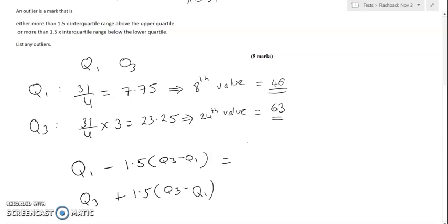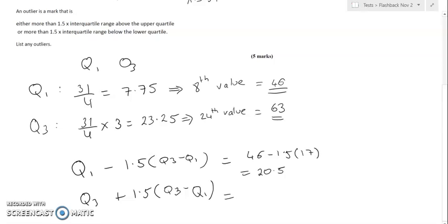So this comes out as 46, take away 1.5 times 63 minus 46, which is 17. And what do we work that out as? 20.5, I make it. So anything lower than 20.5 is an outlier.